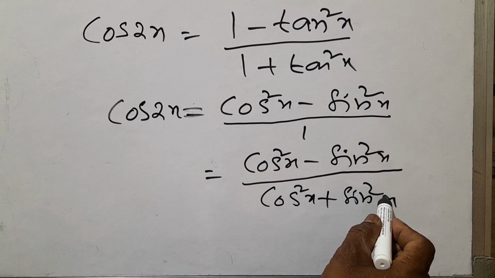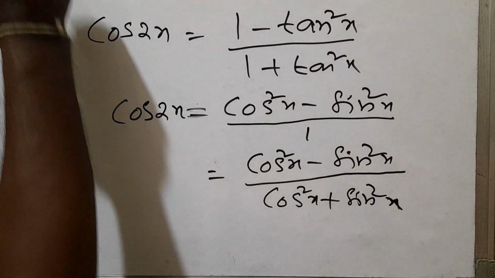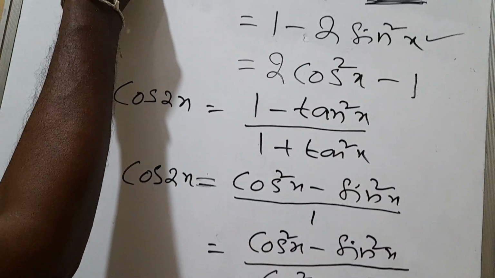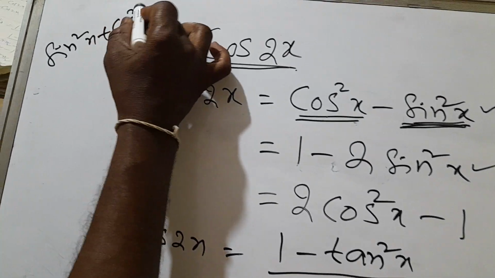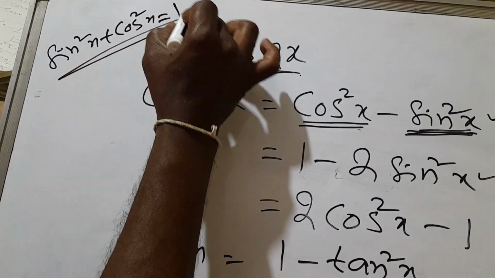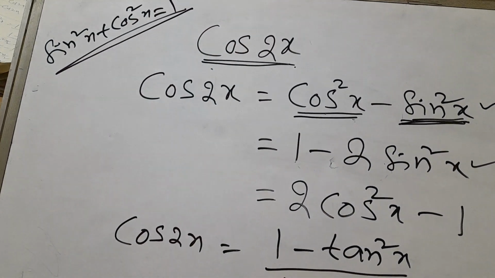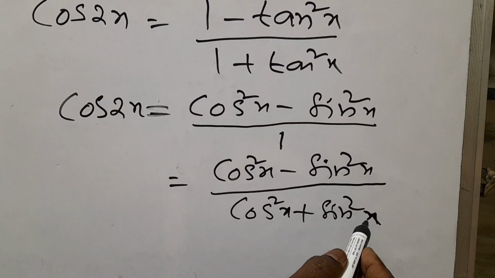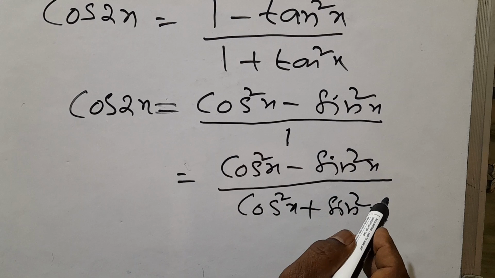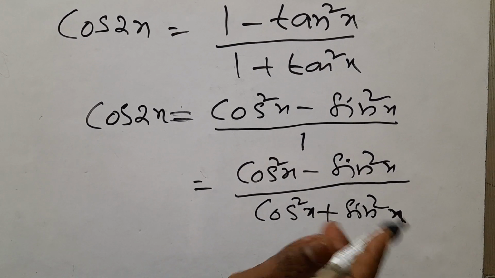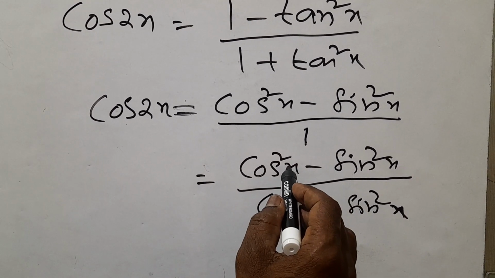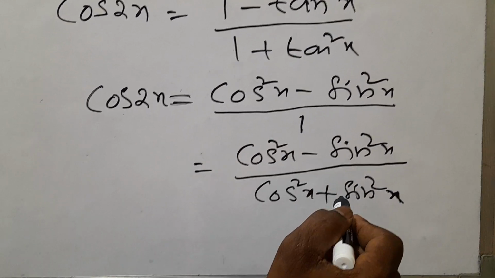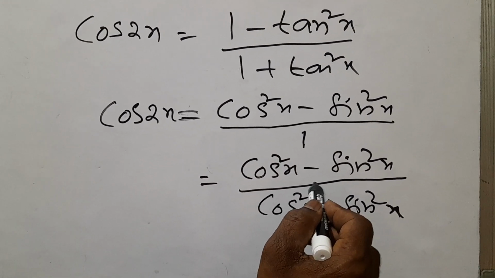So the formula which we discussed in the beginning, that is sin square x plus cos square x is equal to 1. This formula. So I am replacing 1 with sin square x plus cos square x. Okay? Now here I am dividing the numerator and denominator with cos square x.